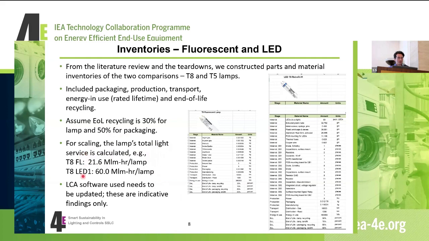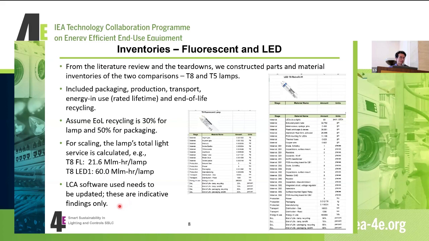And for the LED, which was rated 60,000 hours and it was 1,000 lumens, it will produce 60 megalumen hours of light. So about 3 times as much lighting service from that product.